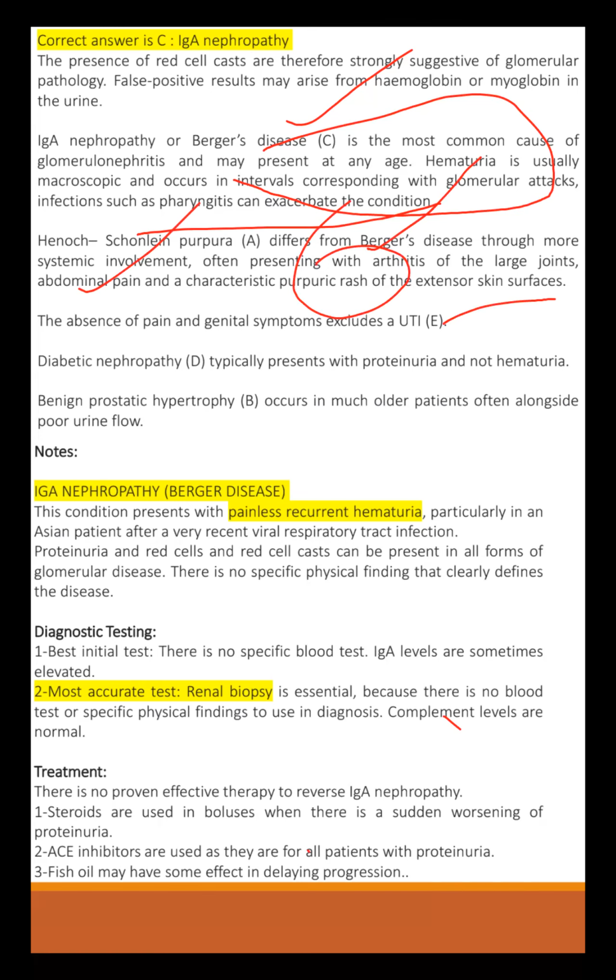Berger disease, or IgA nephropathy: painless recurrent hematuria, as in Dr. Sajma's case, after a viral respiratory tract infection. Red cell casts will be there.